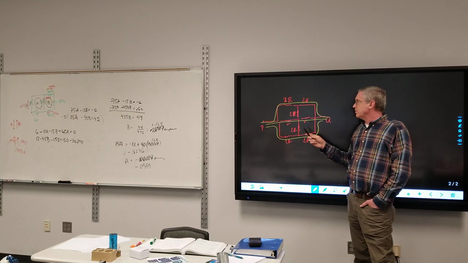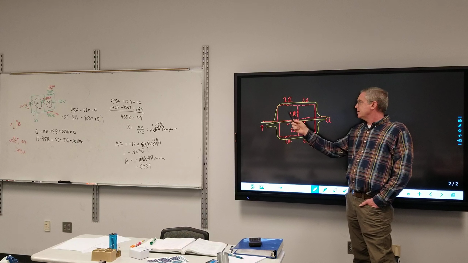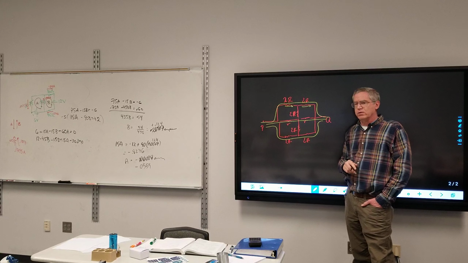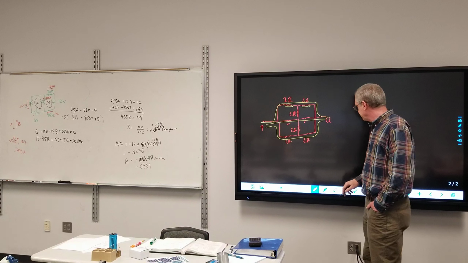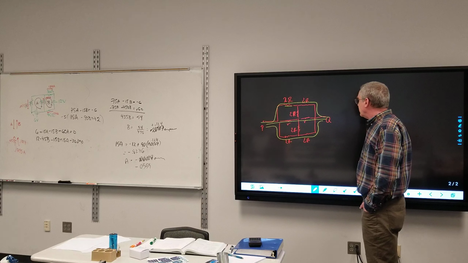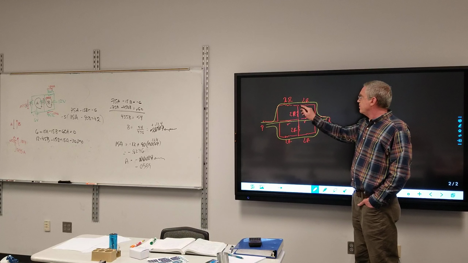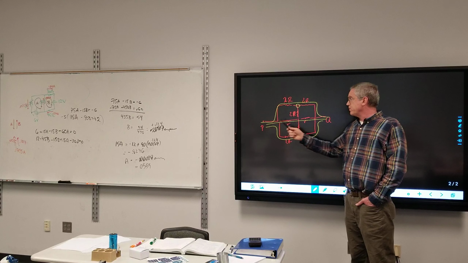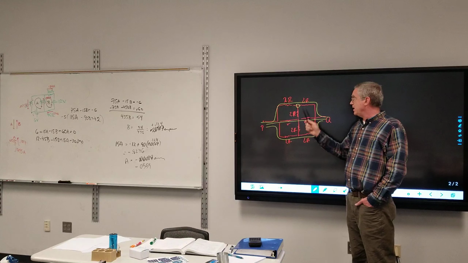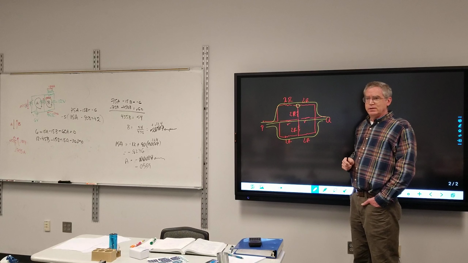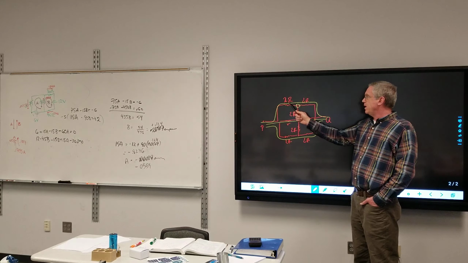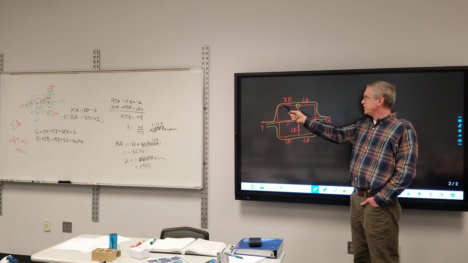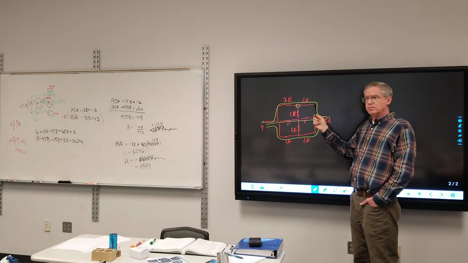Their argument is because of symmetry that whatever current is flowing across here also has to be the same current flowing across there. Well, back up for a second here. The argument is because of symmetry that the potential difference between P and this spot must be the same as between this spot and Q. There's no reason why I would lose a different amount of potential at this point than this. I would assume that whatever potential I lose here, I'm gonna lose here also.